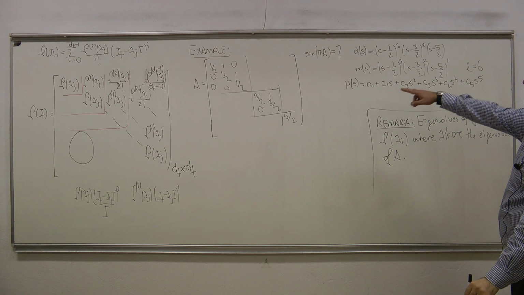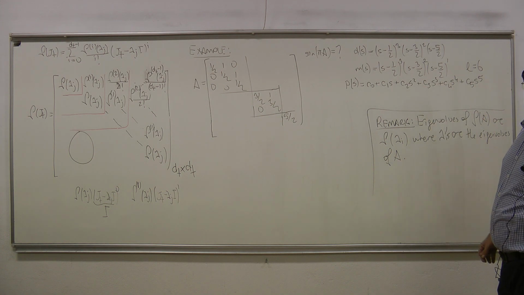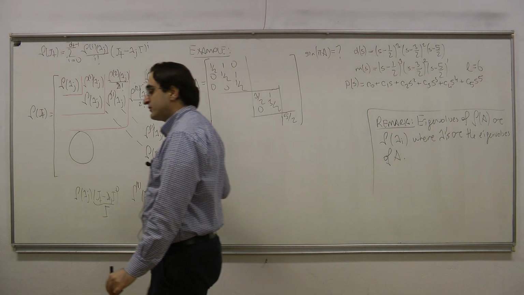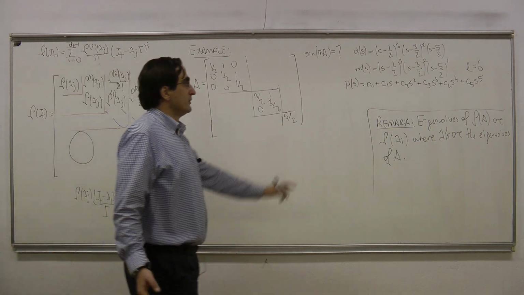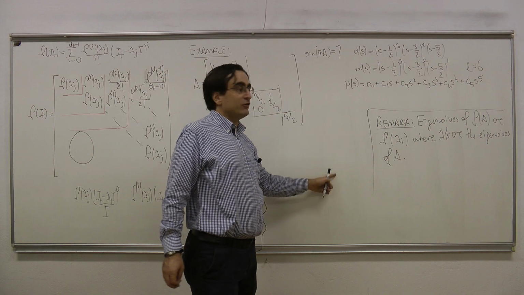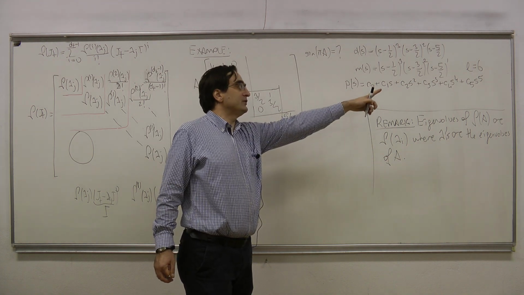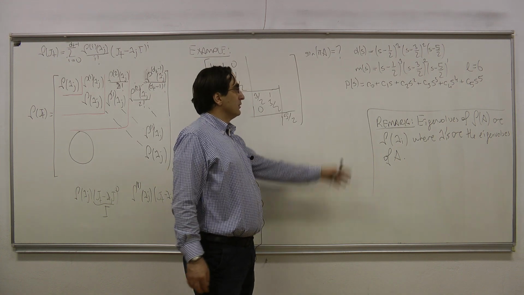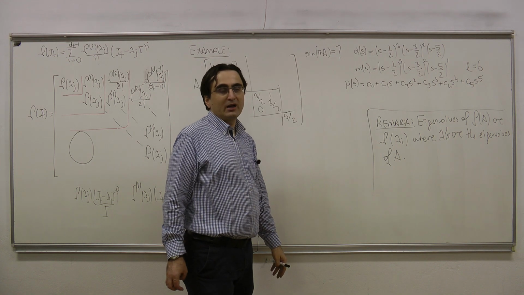It's a fifth order polynomial, and we have just 6 unknowns in this case. So we're going to have to write 6 equations in terms of these Ci parameters, and then solve for each of these parameters.